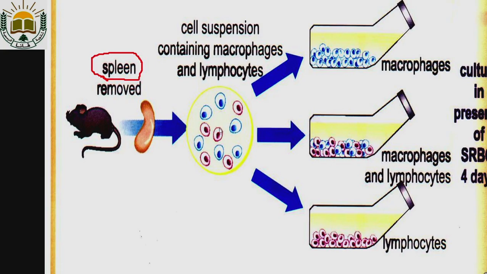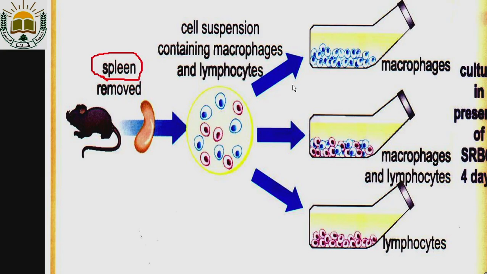How many types of cells do you see here? Very good. There are two types. Some are represented by the blue color, the others by the red or purple. So there are two types of cells. We say cell suspension, a group of cells containing macrophages and lymphocytes. Meaning some cells are called macrophages and the others are called lymphocytes.